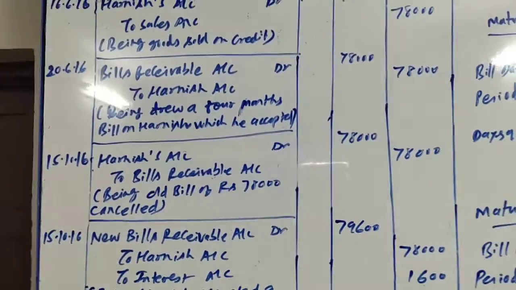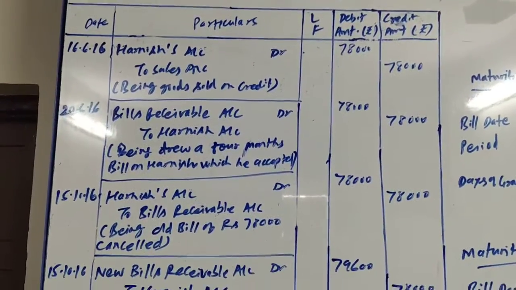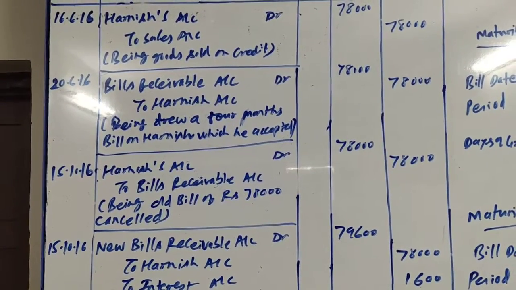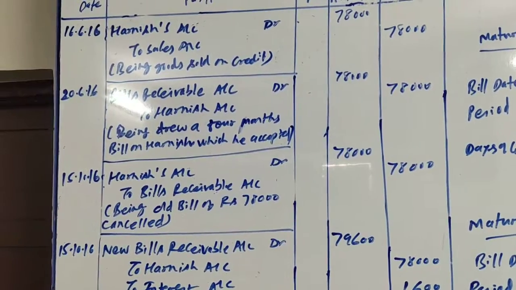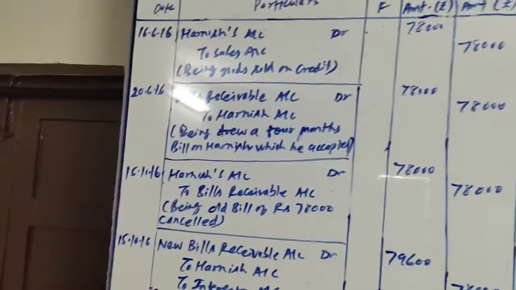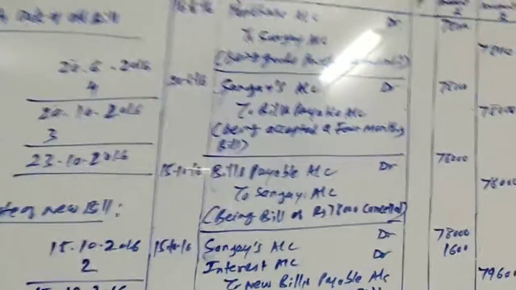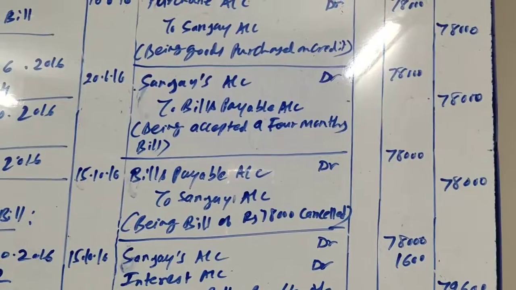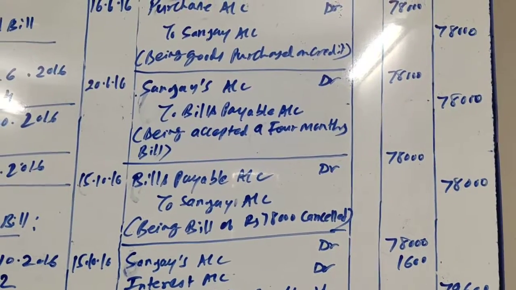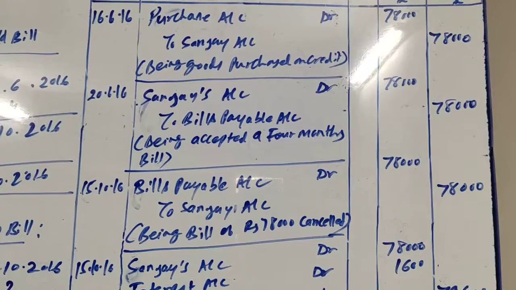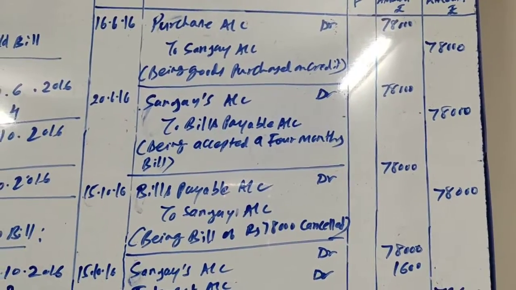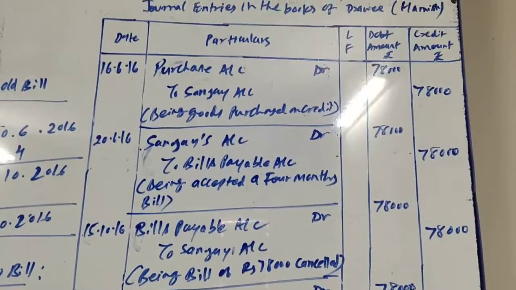So in the books of drawer, that is Sanjay, the reverse entry will be done, that is Harnish account debit to bills receivable account being old bill of rupees 78,000 cancelled, and in the books of Harnish the bills payable account debit to Sanjay account 78,000, being bill of rupees 78,000 is cancelled. So this entry is just the reverse entry of the bill acceptance, at both the places.